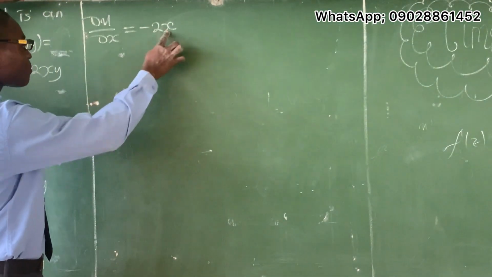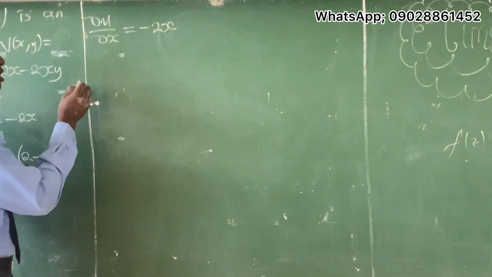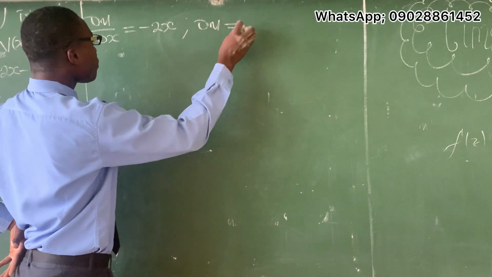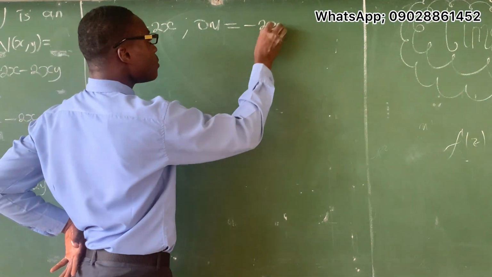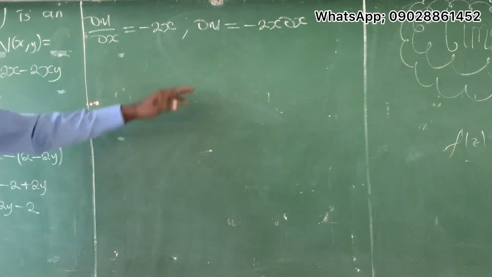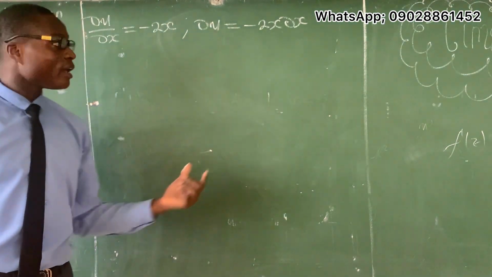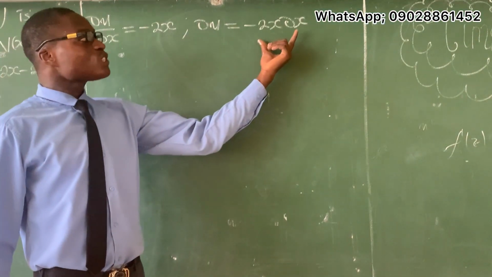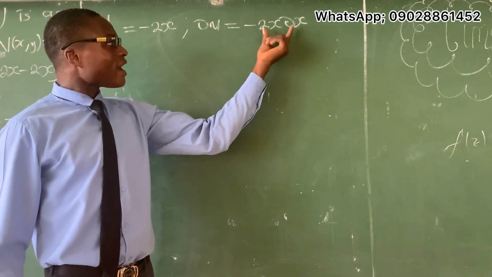So if we cross multiply using variable separable, we are going to have that partial u is equal to minus 2x partial x. To find u, we are going to integrate both sides with respect to x, treating y as constant.